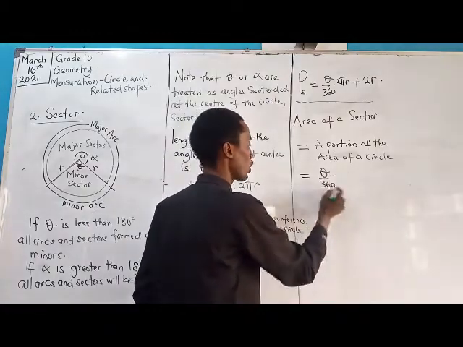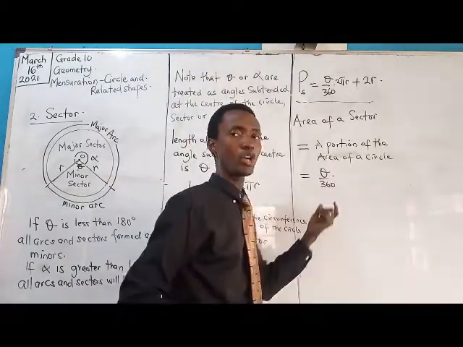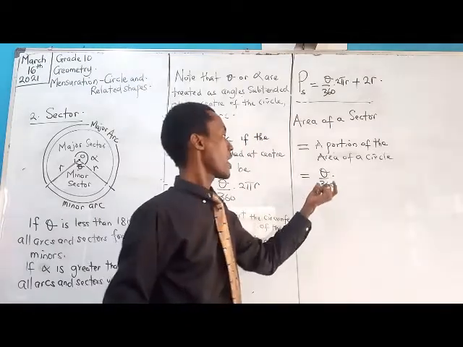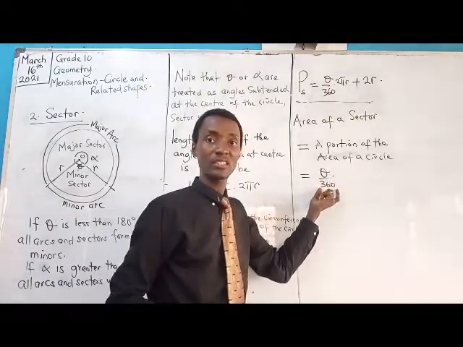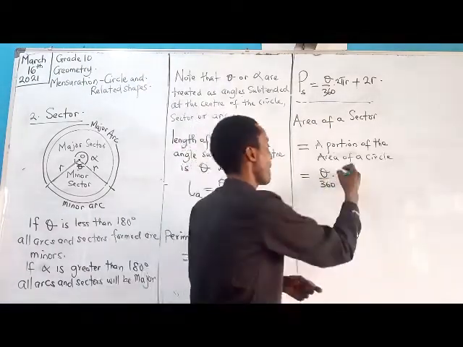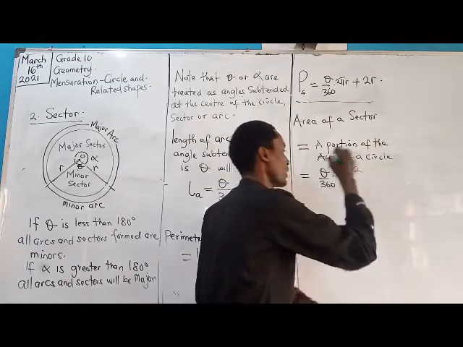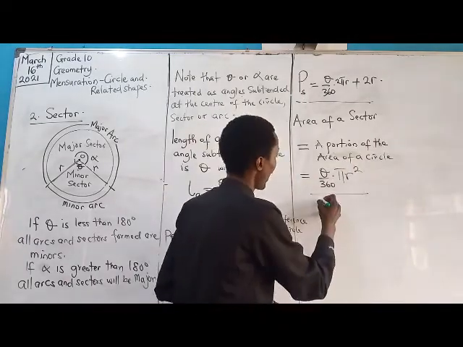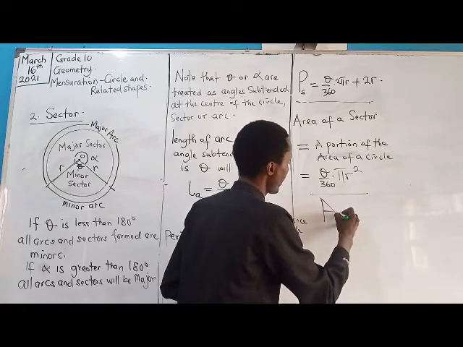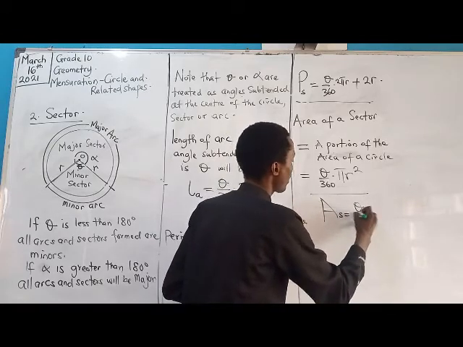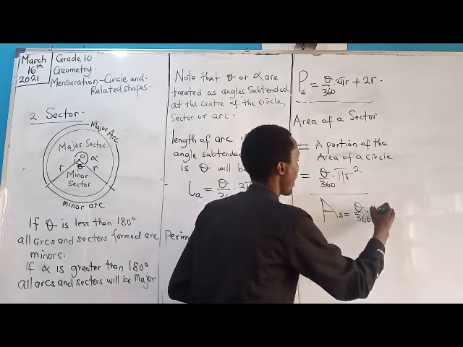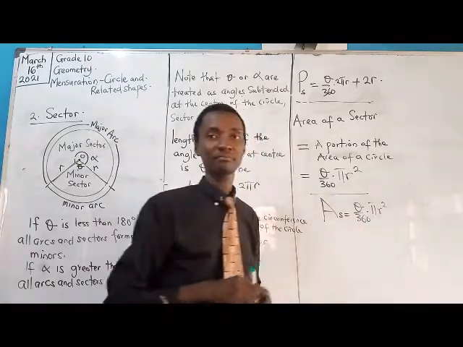In geometry, a portion is theta over 360 of a circle, pi r squared. And this is the formula. So I can call this AS equal to theta over 360 times pi r squared.